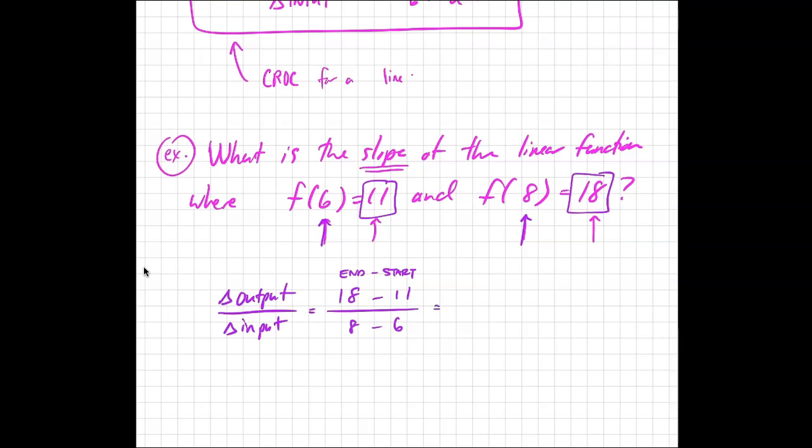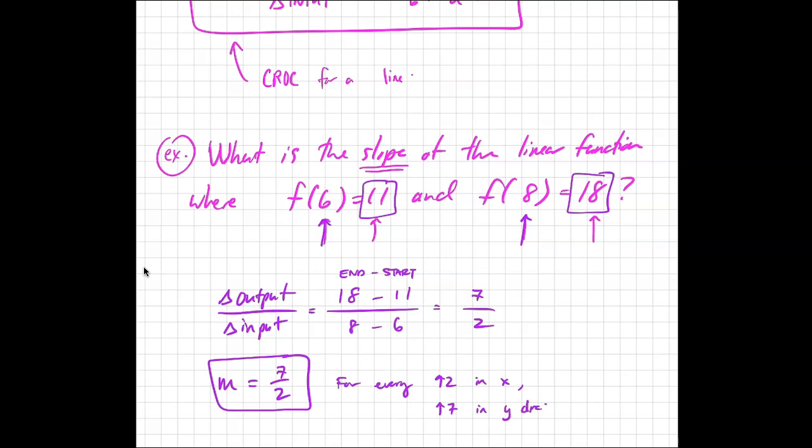So 18 minus 11 is 7 over 2. So what we say is that the slope m is 7 over 2. What that really means is for every increase of 2 in x, we increase by 7 in the y direction.